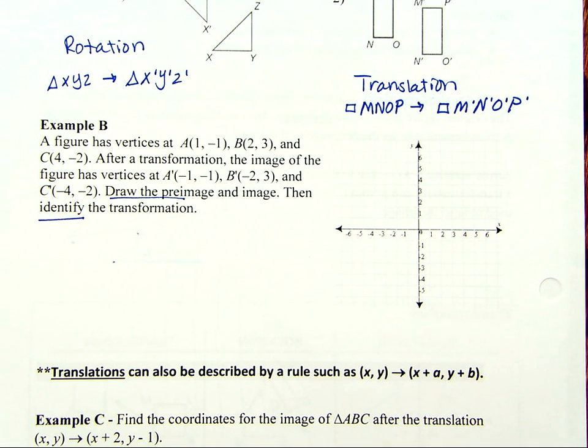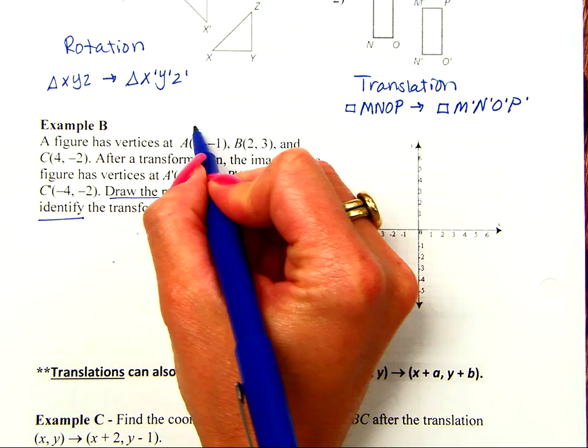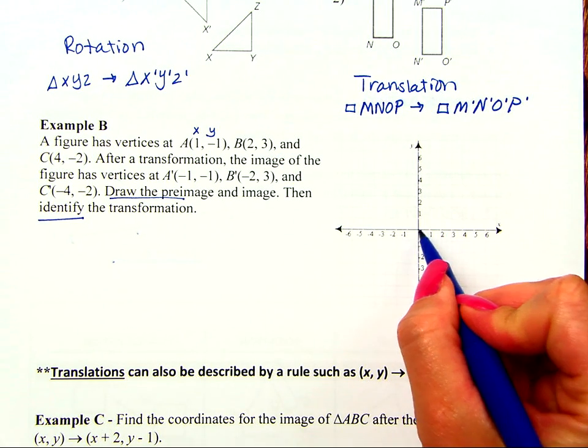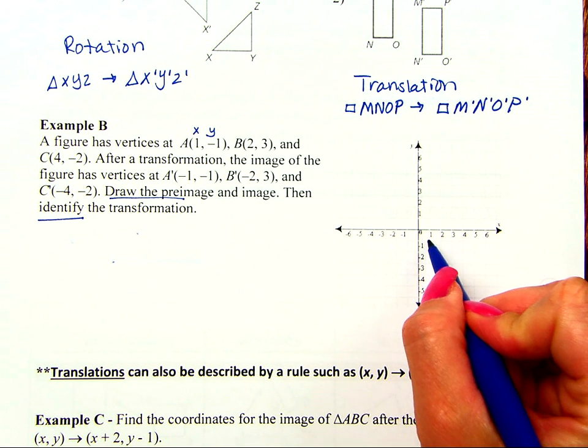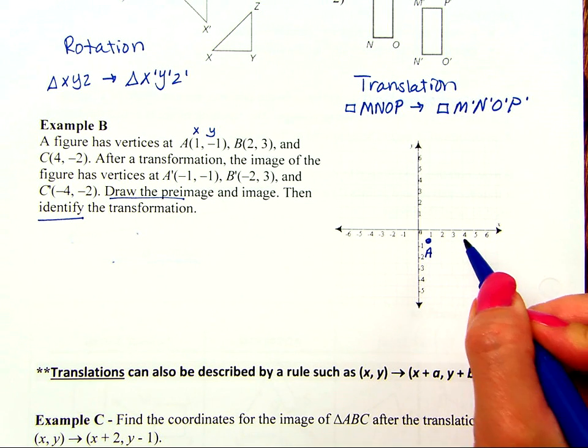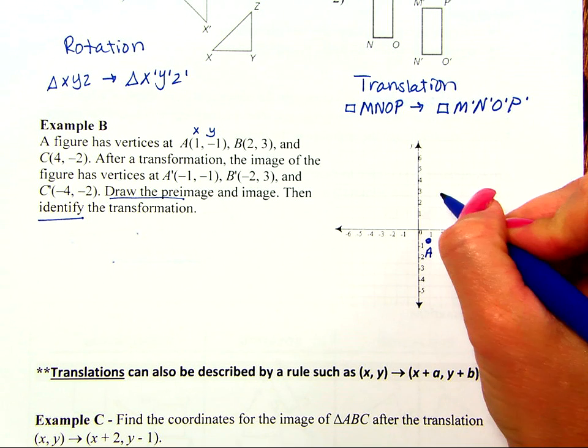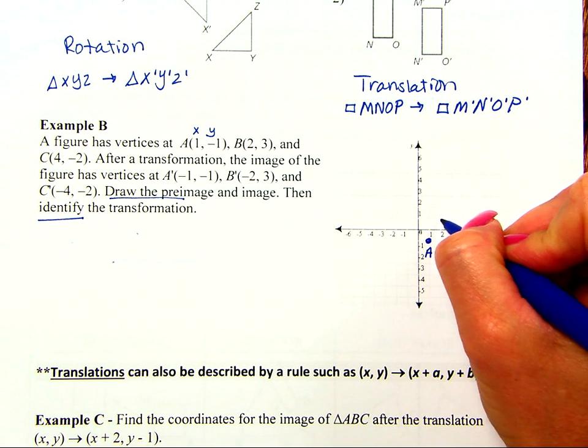If I go ahead and plot my pre-image of A, B, and C, a reminder that we have our x, y coordinates here. So (1, -1) means going to the right 1, down 1. (2, 3) means to the right 2 and up 3.